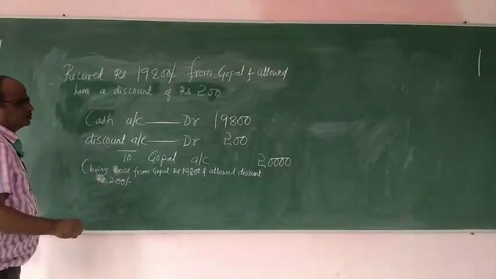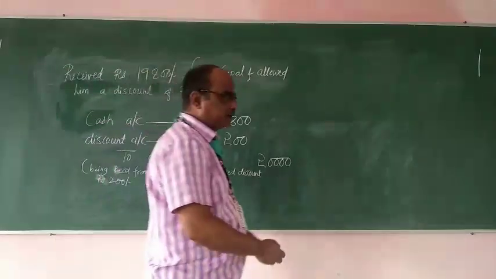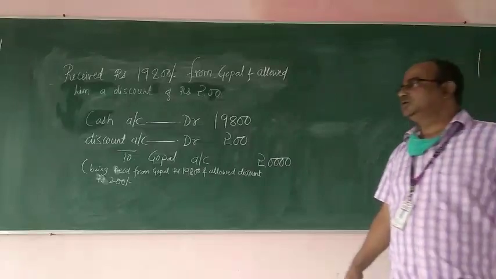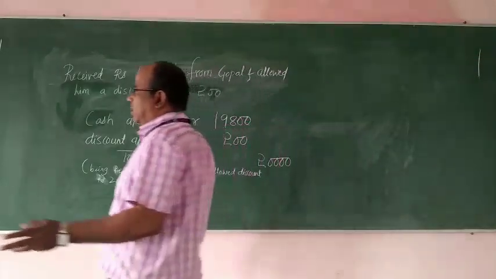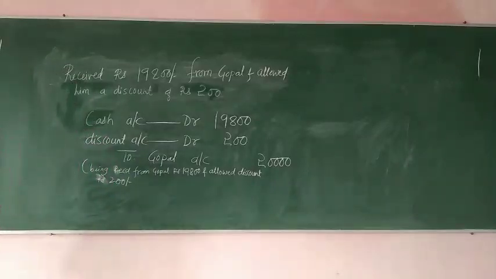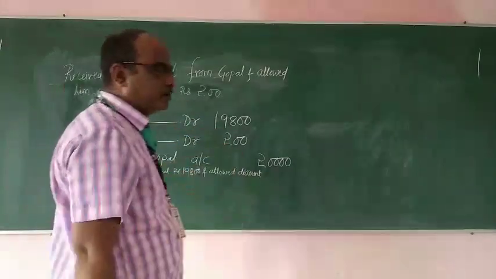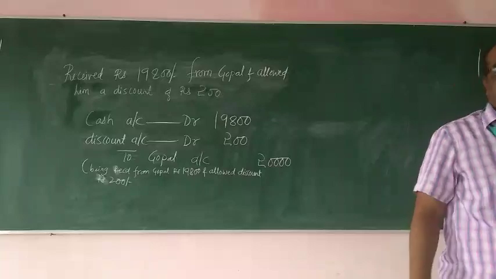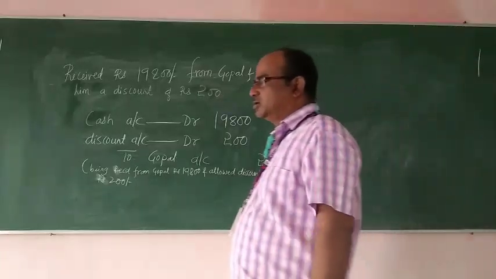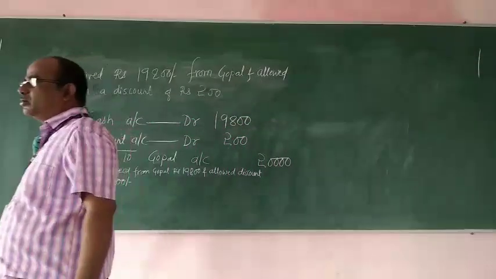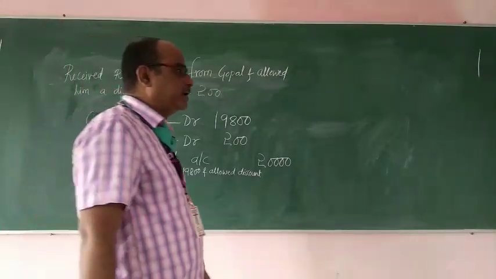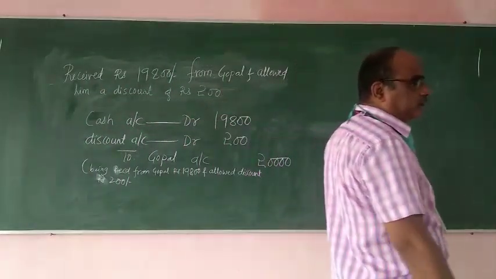So did you understand the transaction? Assume that the amount received by you is after deducting the discount only. So you will not get full 20,000 from Gopal and then give him 200. Instead, you will inform Gopal before only that, okay, you are making the prompt payment, so 200 I am going to give you as discount and you better pay me how much? 19,800 instead of how much? 20,000.